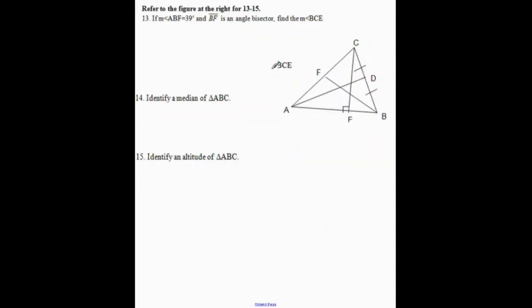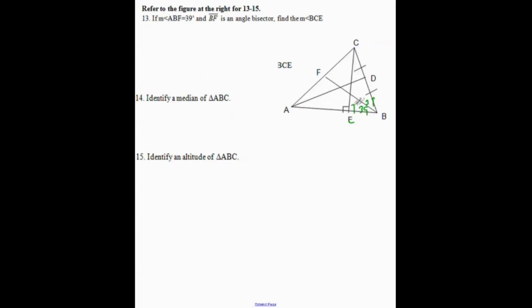All right, so 13. If measure of angle ABF is 39, this is right here, 39. ABF, yeah, because this is E right here. And BF is 39 as well.